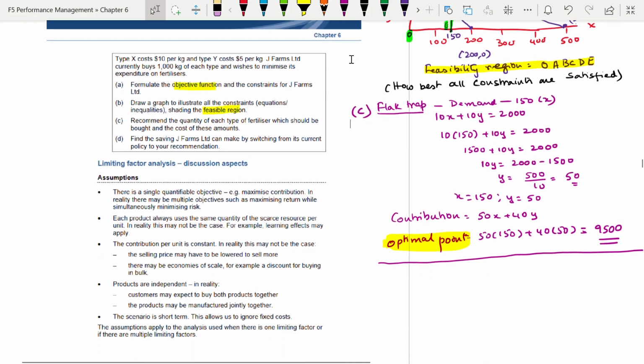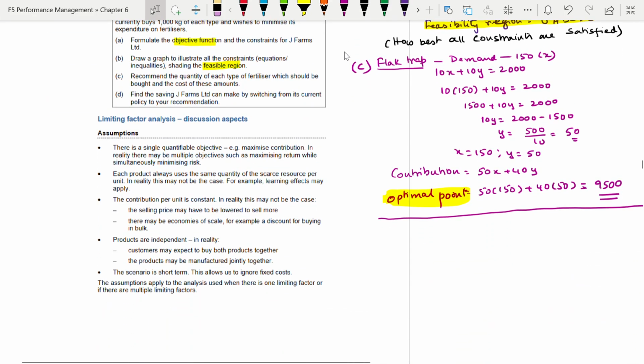Once we have done this, this is the optimal point, that is point number D.